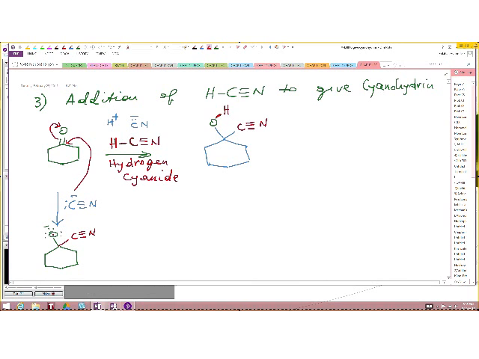Okay, and at this point, the alkoxide ion that is formed will now be protonated by a proton from the hydrogen cyanide. So this comes here to grab the proton. Okay.